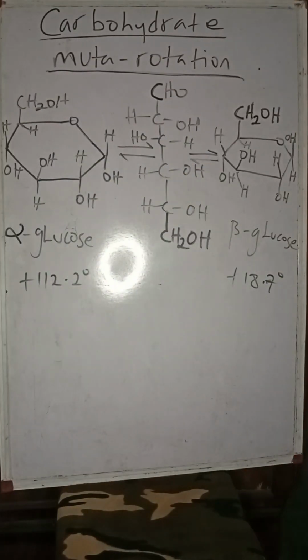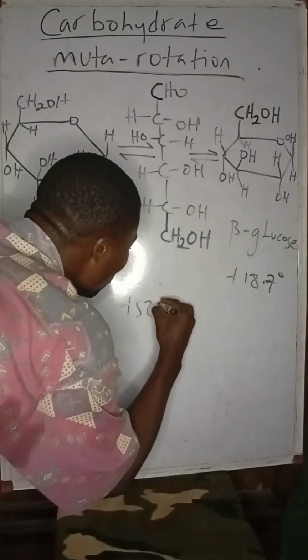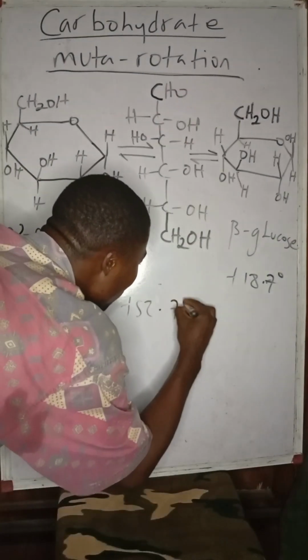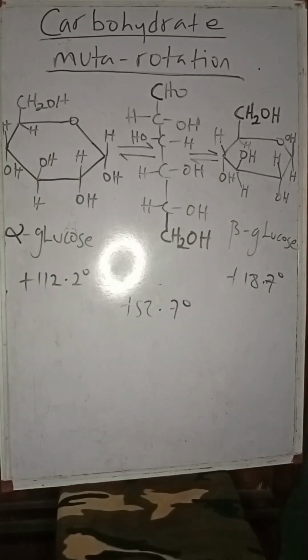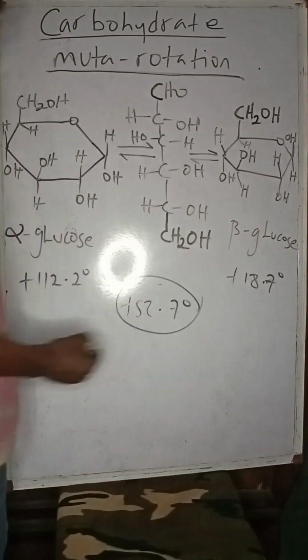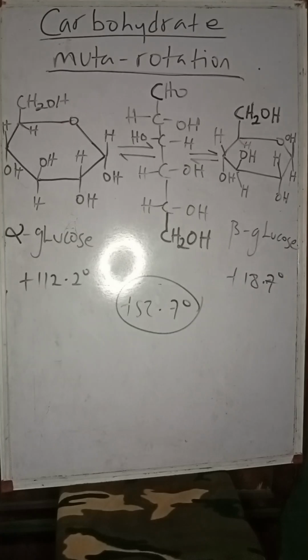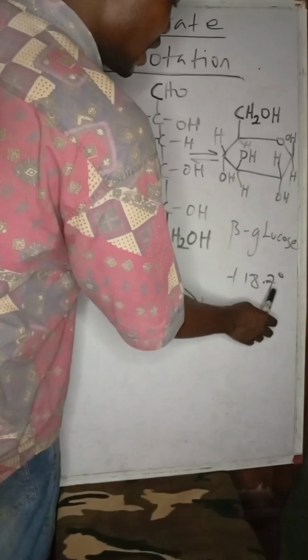But at the end of the day, in solution, we observe that the glucose molecule achieves an equilibrium rotation, which is around plus 52.7 degrees. Now, what is the reason for this? In solution, glucose has a specific rotation of plus 52.7 degrees, but the alpha anomer is 112.2 and the beta anomer is 18.7.